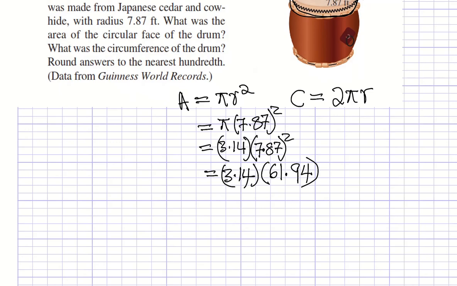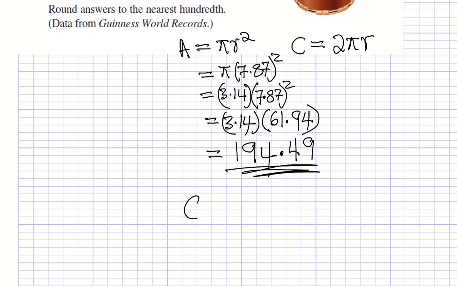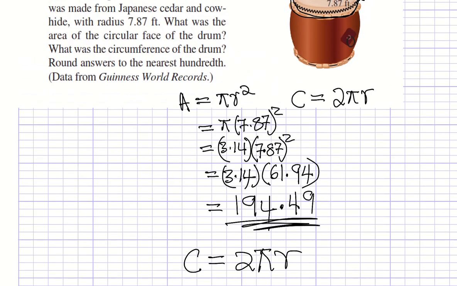You get 194.449. This is the area. That's what they're looking for there. Then the circumference, like I said, is 2 pi r.